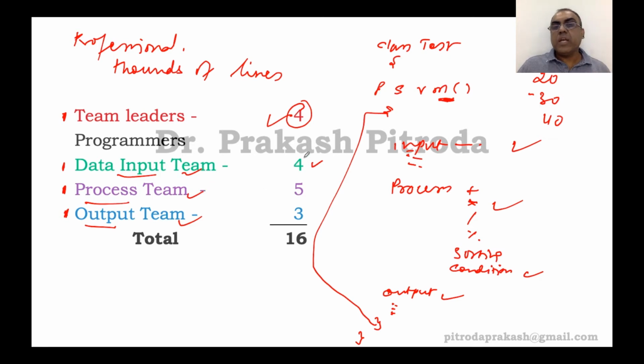Processing team, once the data comes in, what are the processes, process 1, process 2, process 3, process 4. I can have n number of processes. All processes are discussed, decided, and again they are discussed and done by the team members. And then output, again there are different types of reports in the output. Different formats of report based on who is to be given.